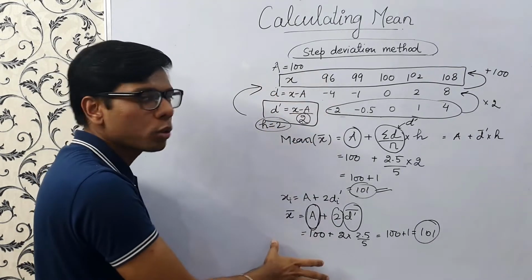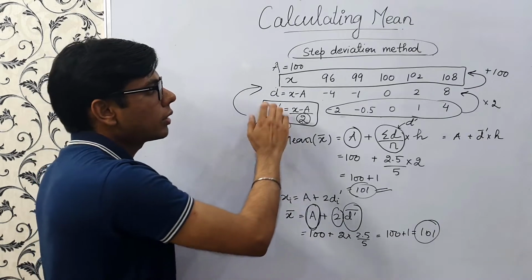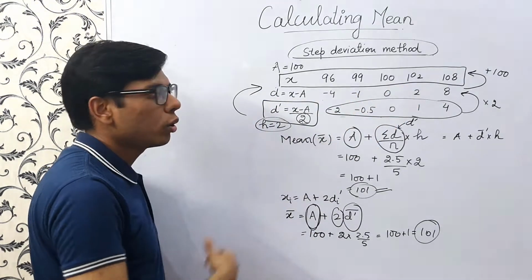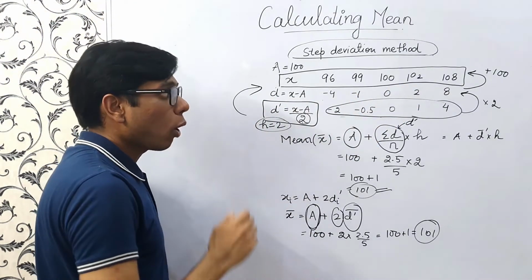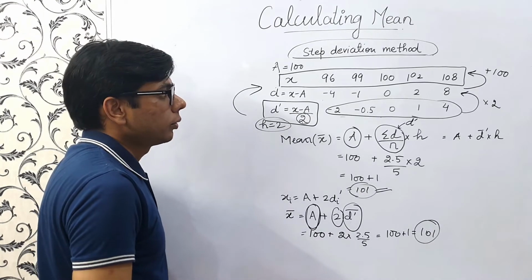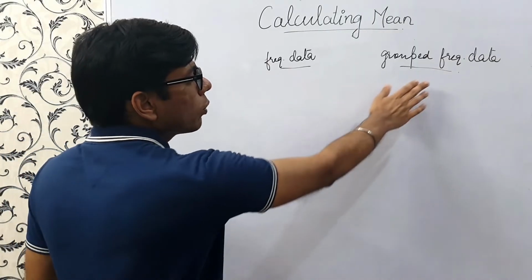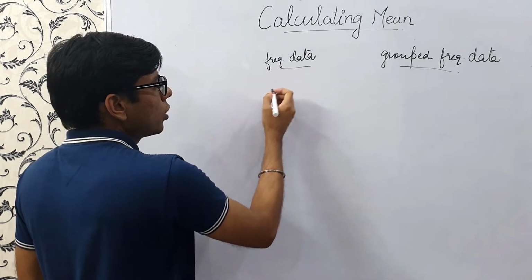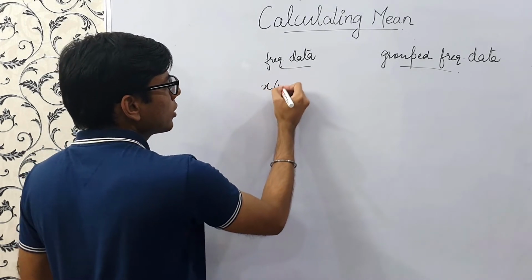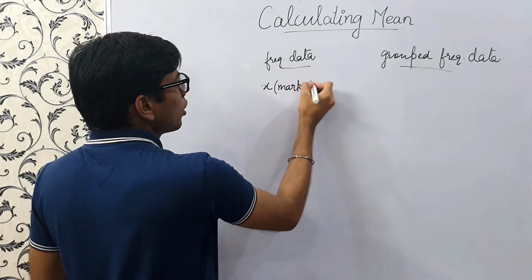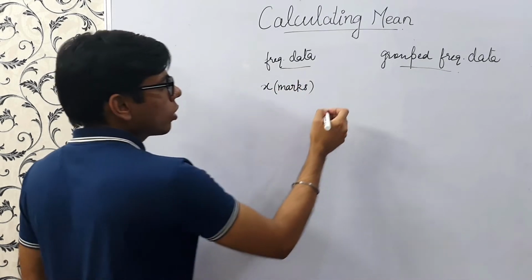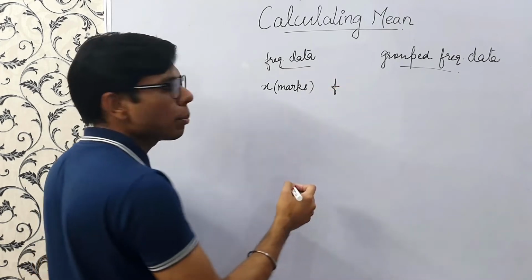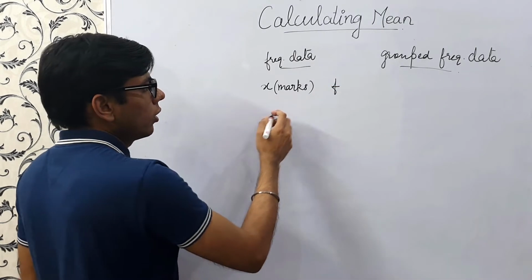So we have understood this on simple data. Now we'll move on to more complex data: one is frequency data and one is grouped frequency data. We'll try to understand the difference between them. Suppose our x variable is marks. A 0 to 10 mark test was taken, and f is the frequency, the number of students that got that mark.